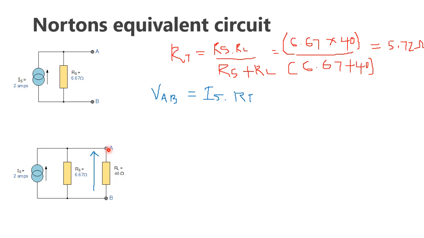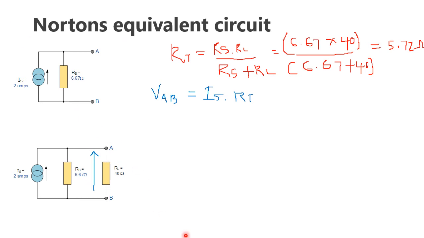Here we need the voltage drop across point A and point B, but this is the symbol of a current source. Here we can directly place the current source like this. We know the current source IS is 2 amperes, and RT is the equivalent resistor.